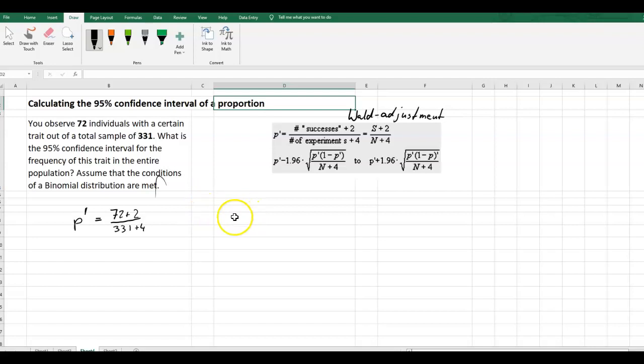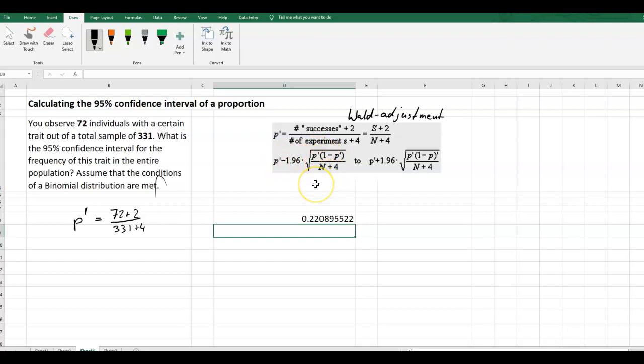And we can calculate that equals 74 over 335. So that would be our proportion of the butterflies in the whole population, 22.1%. And now we want to calculate the confidence interval, which we have given here.